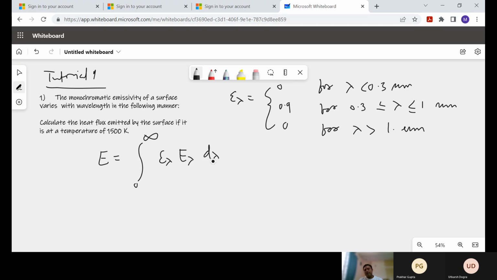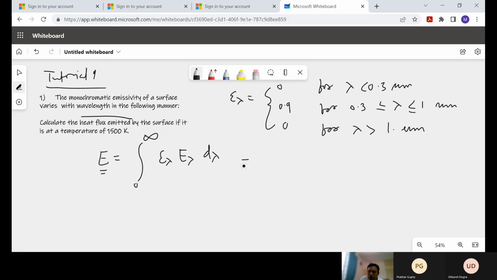That is what we have to calculate. Is it clear to everyone? We wanted to calculate the heat flux emitted, so we are interested in calculating the emissive power E over the complete distribution of wavelength, from 0 to infinity, isn't it?